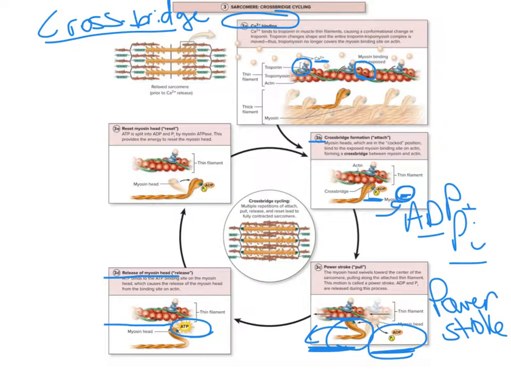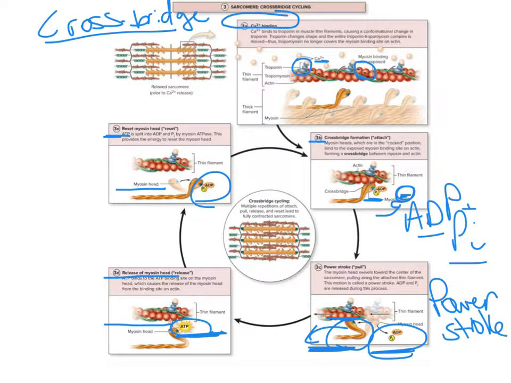And then when that myosin head is released, you want to reset or recock it. The ATP that bound here and caused it to be released is then going to split into ADP and inorganic phosphate.